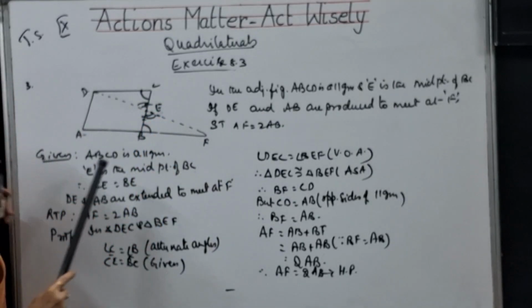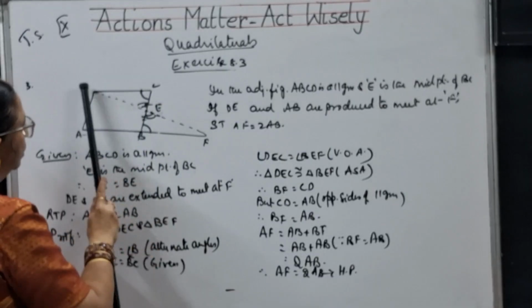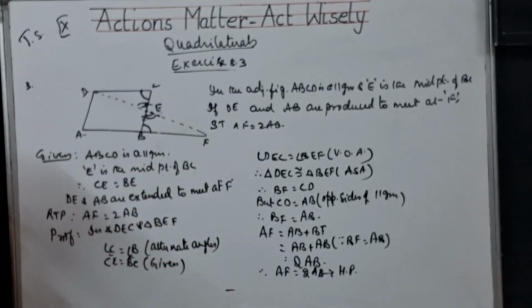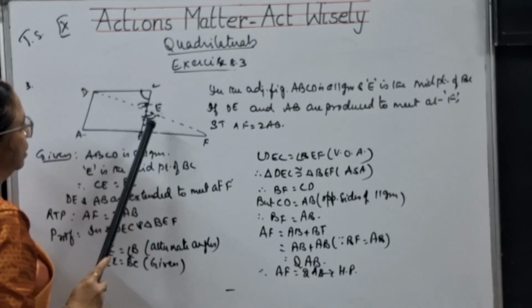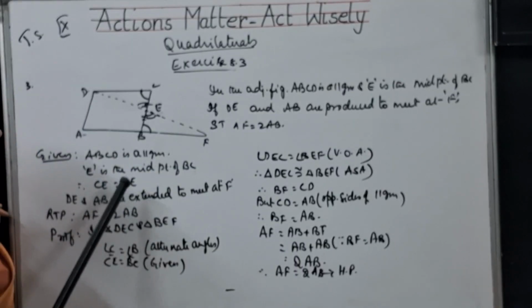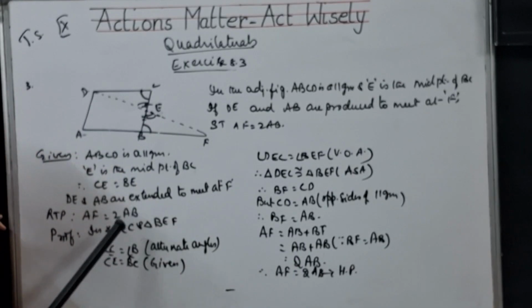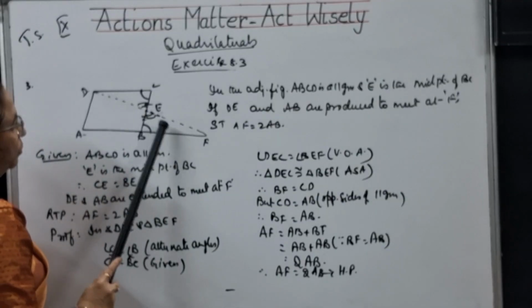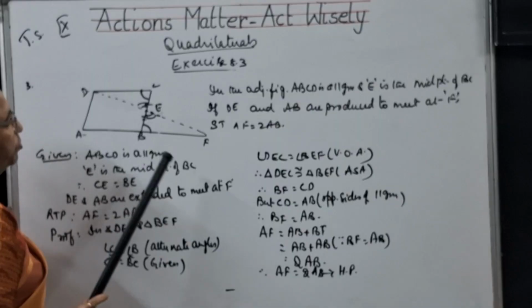Now, angle C is equal to angle B because they are alternate angles, as these two are parallel lines and this becomes the transversal. And angle DEC is equal to angle BEF because they are vertically opposite angles. So these two triangles are congruent by the angle side angle property.